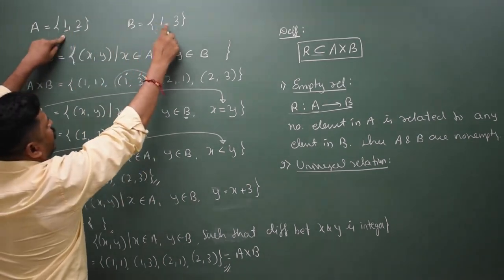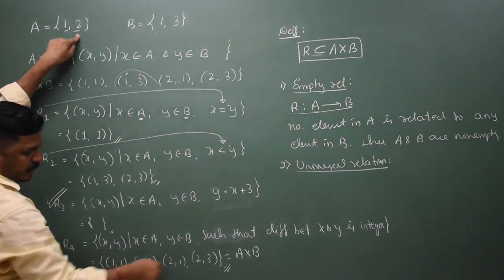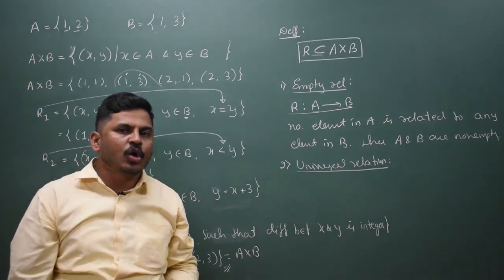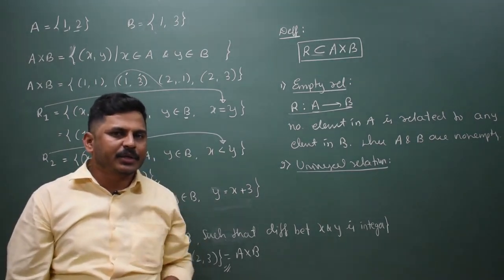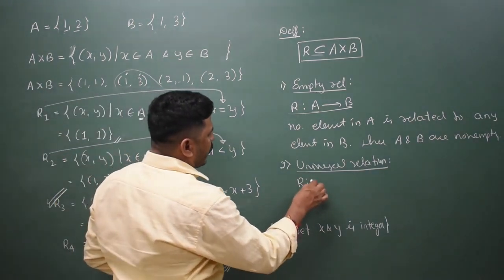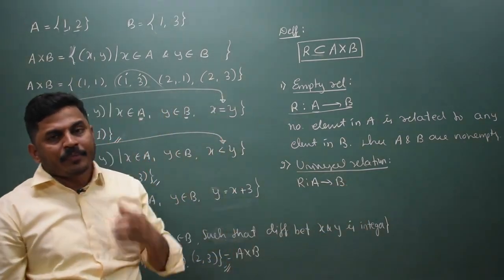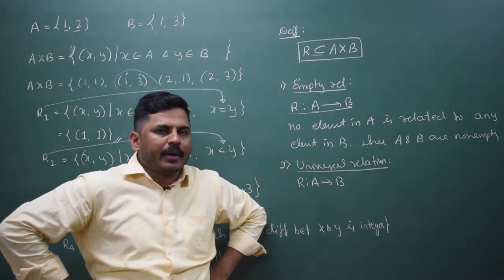Is 1 related to both 1 and 3? Is 2 related to both 1 and 3? That is, each element of A is related to every element of B, then that relation is called universal relation. R from A to B is said to be a universal relation if each element of A is related to every element in B.